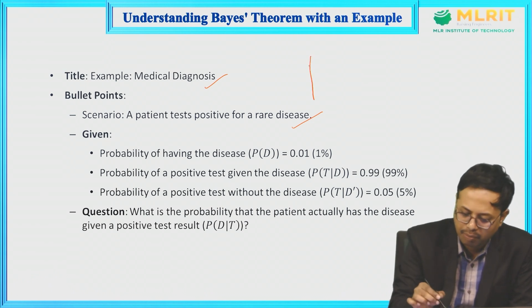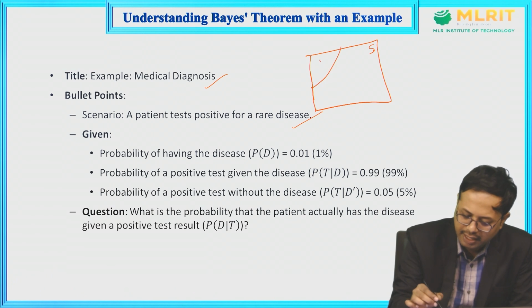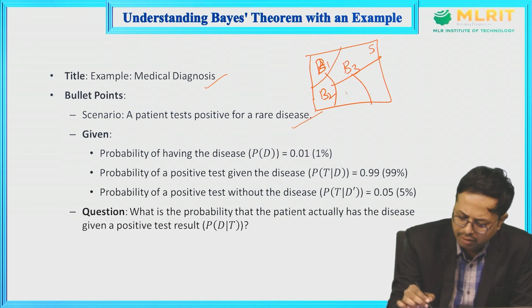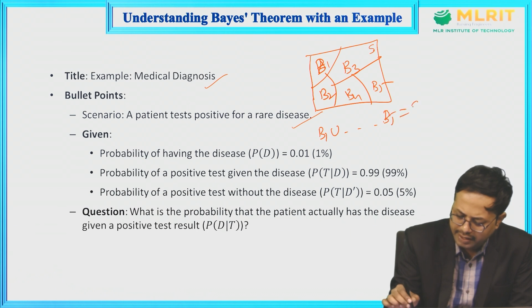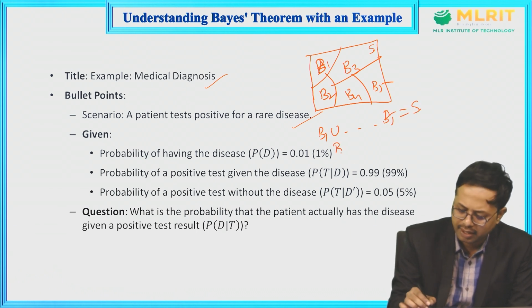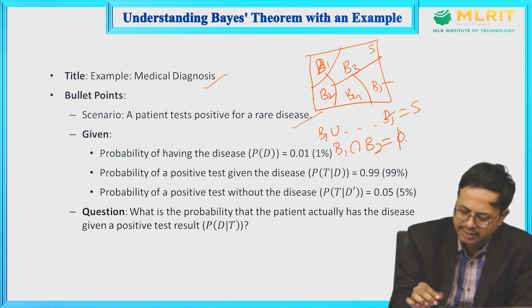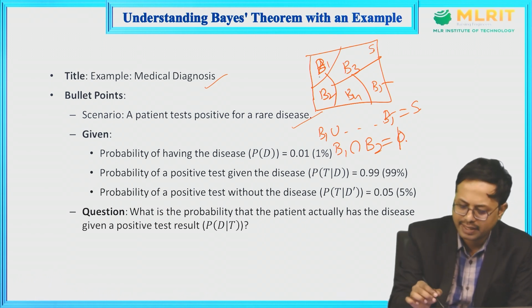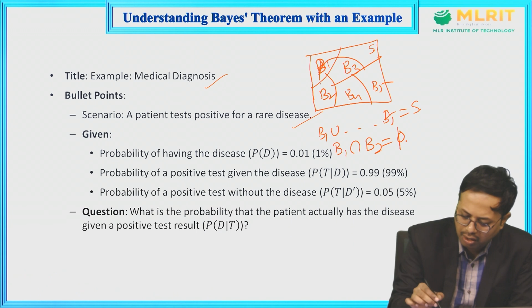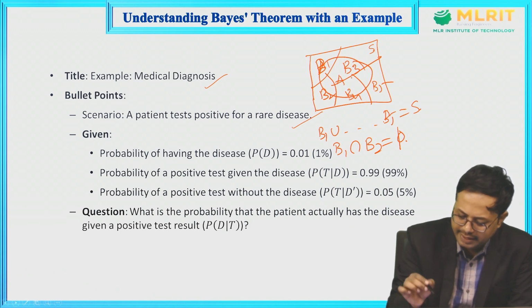In the total probability theorem, you have a sample space with B1, B2, B3, B4, B5, which define the sample space, and B1 intersection B2 is a null set because there is no intersection between B1 and B2. The common element among all these events we define as A.